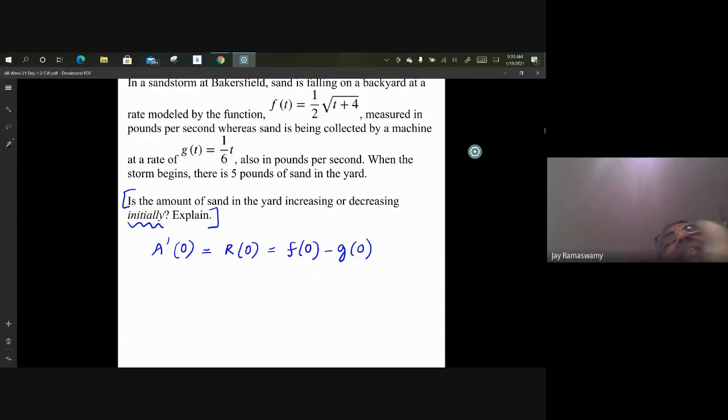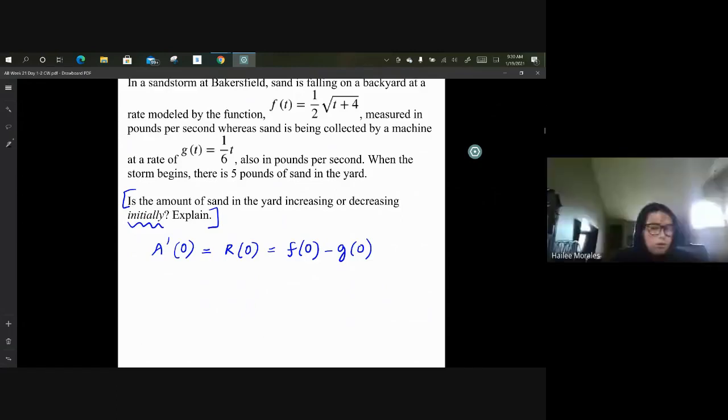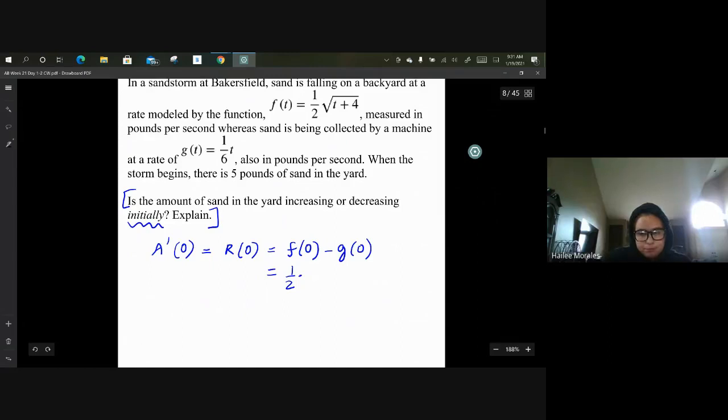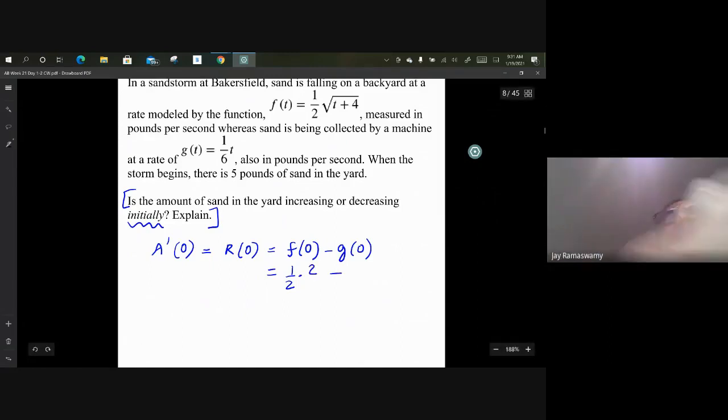Do we have to take derivatives or integrals, or do we just plug it in? Just plug it in. We can do this mentally. 1/2, what's 0 plus 4? 4. Square root, 2. 2 minus g of 0, which is 0. The final answer is 1. What would your units be? Pounds per second.